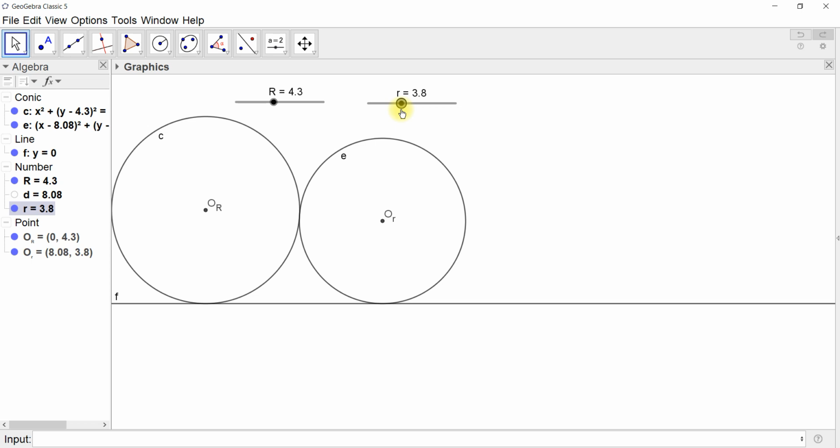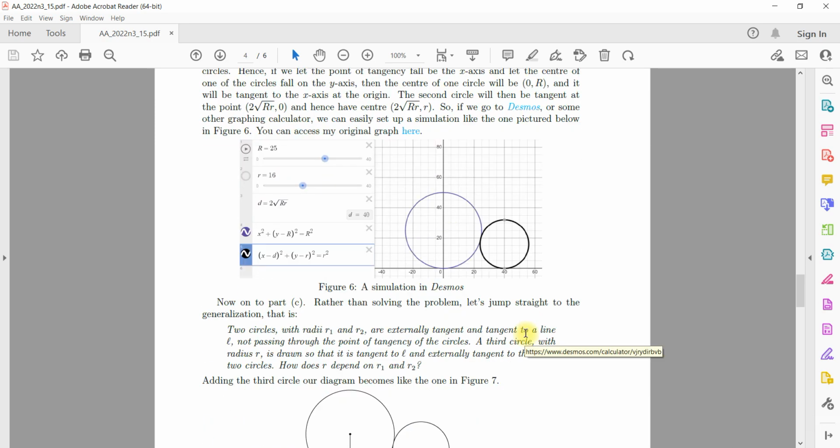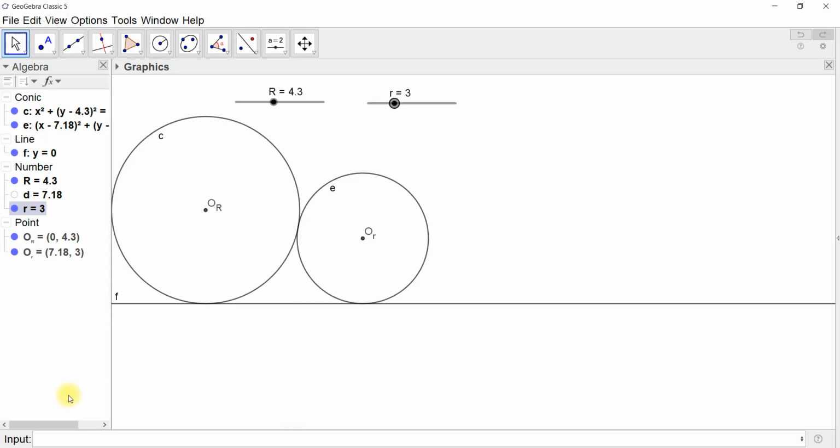Now let's even go the next step and put in that third circle. So from the article, we saw that when we do the third circle, a couple of things happened. We got its radius, was this expression here. It was the product of the two radii of the other circles with this expression down here. So let's go to GeoGebra and actually put that in.